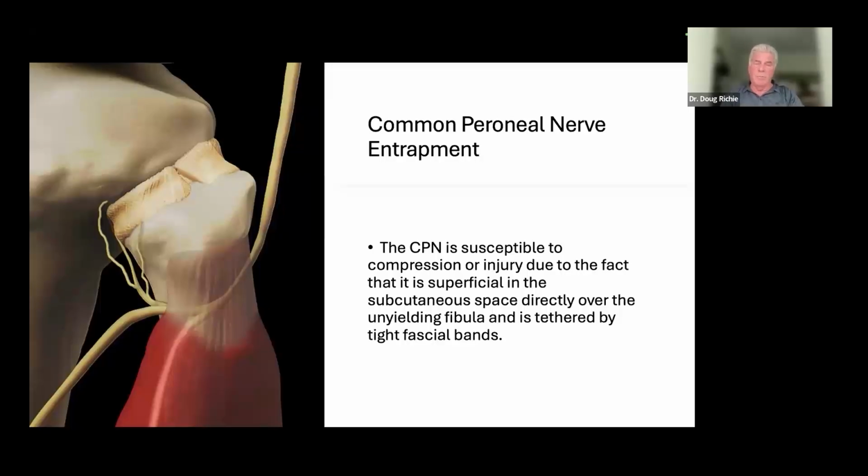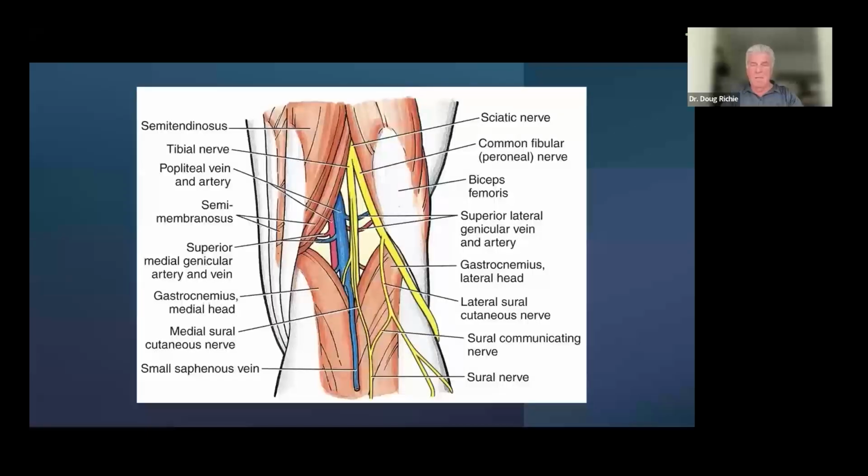So there's not a lot of room in here, and there's a very rigid, unyielding bone floor formed by the neck of the fibula. So we can see contribution of this biceps femoris overlying the superficial or the deep peroneal nerve, as well as the gastrocnemius and the fascia that attaches these muscles to the fibula.